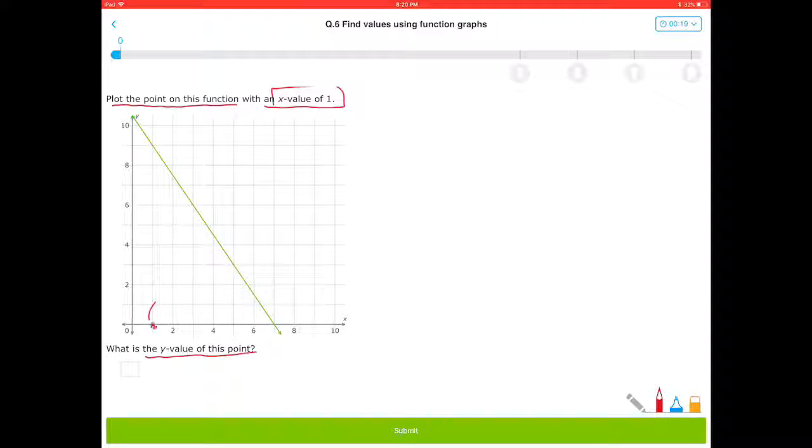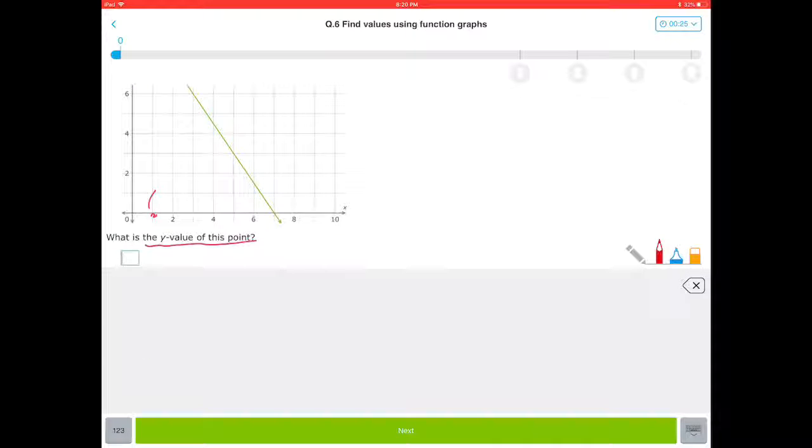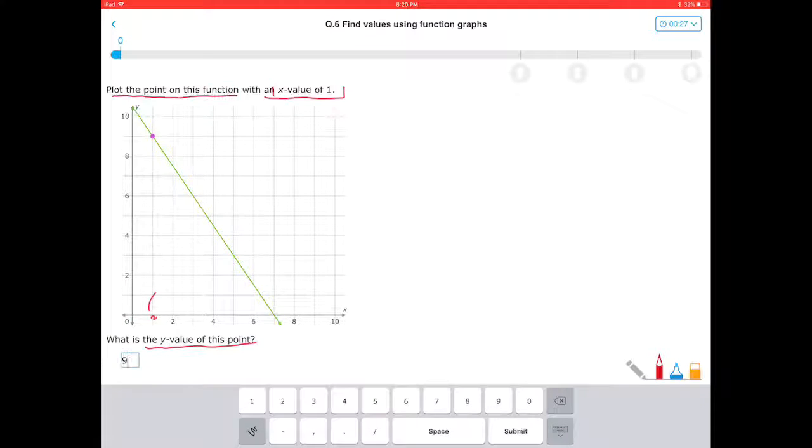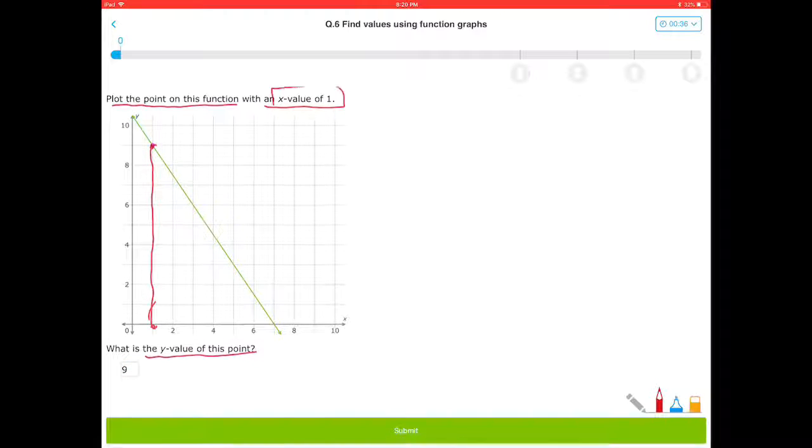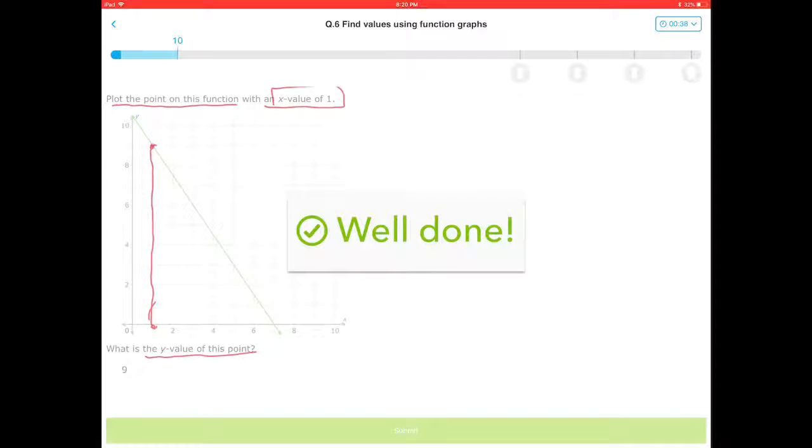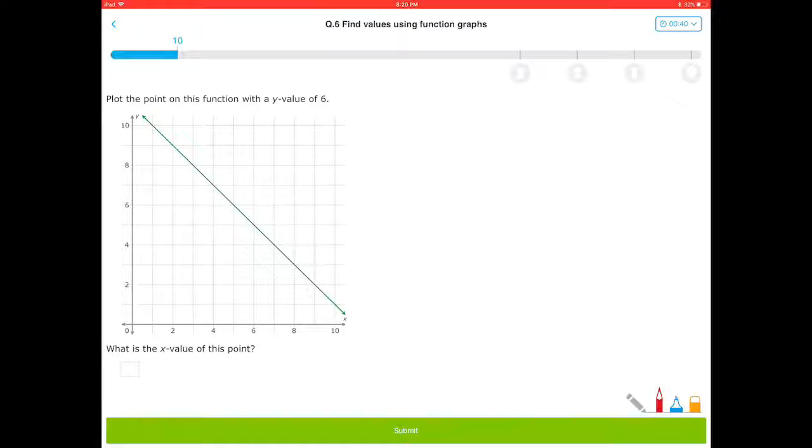Boom. Right there. What is the value of y at this point? Isn't it 9? When x is 1, what is y? 9. That's pretty simple. Okay, I should assign this one.